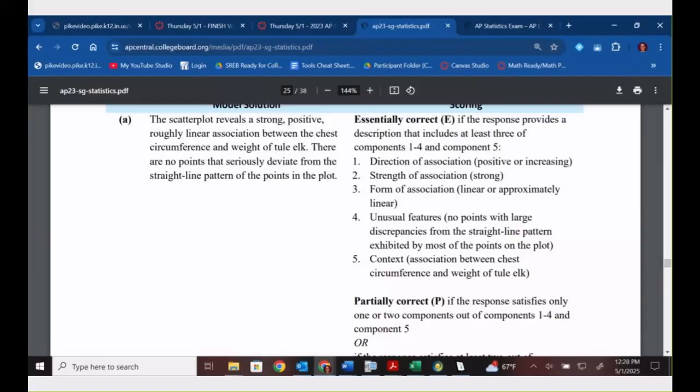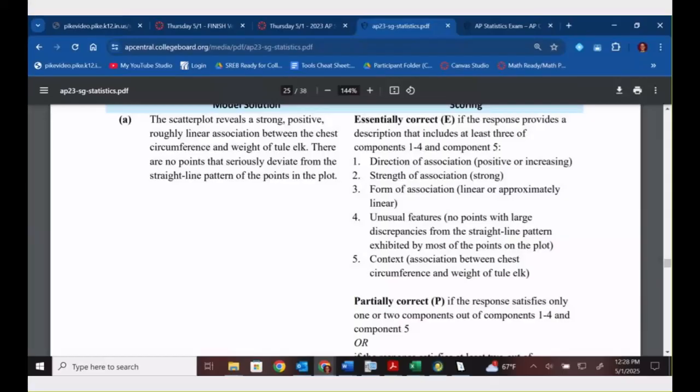The strength of the association, it should say strong. Form of the association, linear or approximately linear. Unusual features, there are no points with large discrepancies from the straight line pattern exhibited by most of the points on the plot. You don't have to have that many words, but you could say something like, there does not appear to be any unusual features on the graph.